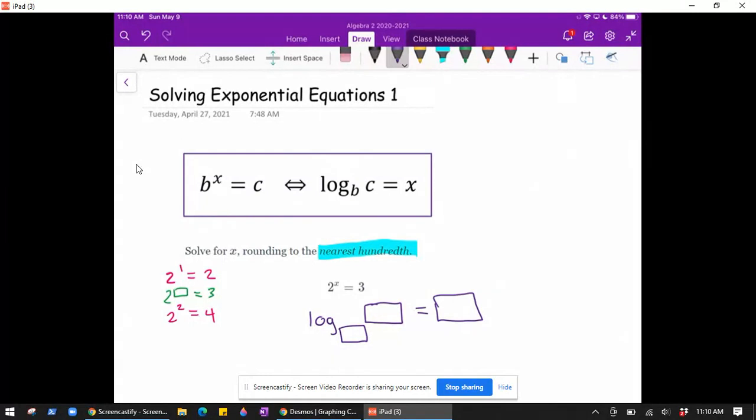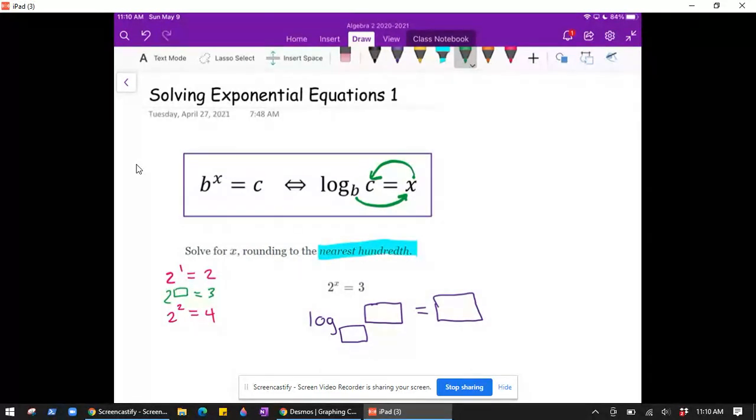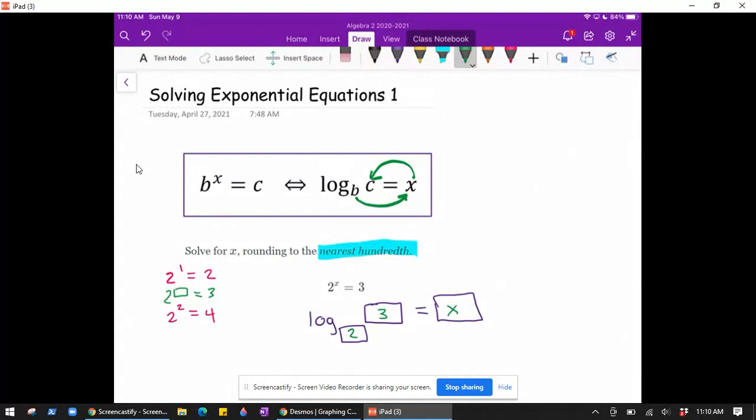The reason I'm doing that is because I want you to really get into the habit of this type of motion. b to the x is equal to c. That is stating exactly what this says on the left in words. So now I need this log expression to read 2 to the x equals 3. But that must mean the 2 goes here, the x goes here, and the 3 goes here. Because 2 to the x is equal to 3.